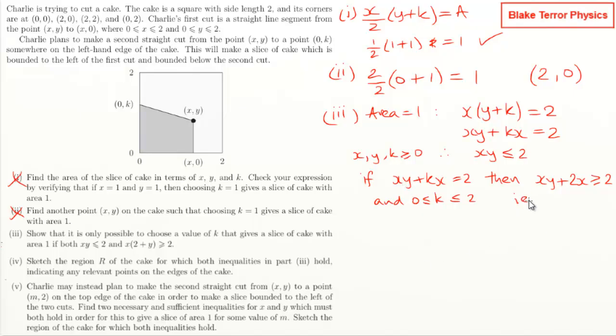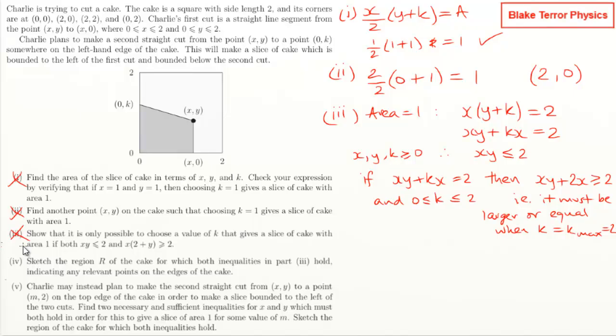So, i.e., it must be larger or equal when k equals k max equals 2. Okay, part 3. I'm expecting it to get more difficult in a minute.